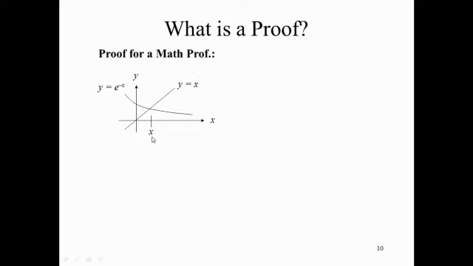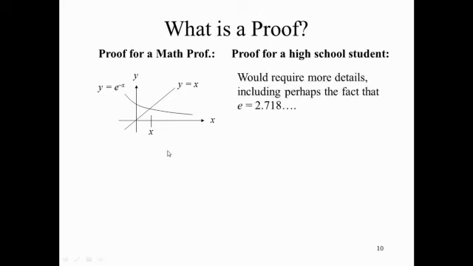Now, for a math professor, he or she might look at this and shake their head and say, yeah, I understand exactly what you're doing. I'm convinced. That's a proof. You're finished. However, this may not be a convincing argument for you, high school students. For you, I have to perhaps put in much more detail than just this simple little picture.